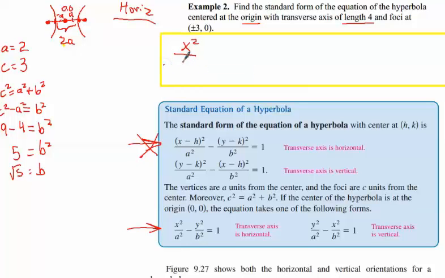So x squared over 4 minus y squared over b squared. b squared is 5, we just solved that right here. And then this is going to equal 1. So that's our equation. Might be a good idea, if you're doing this as an assignment, to check that on your graphing calculator.